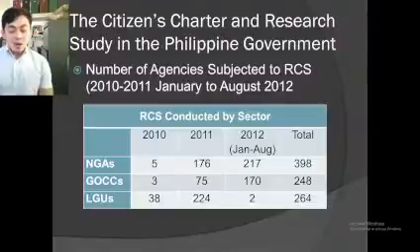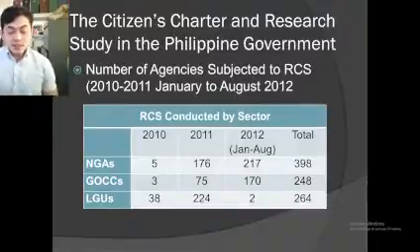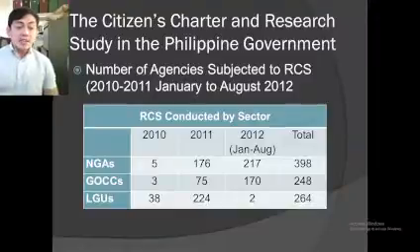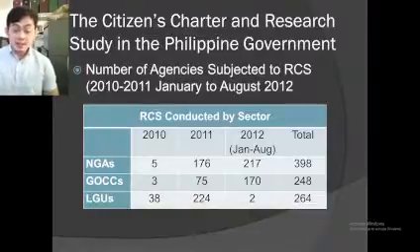Now, based on the study, the Citizens Charter Implementation Research Study in the Philippine government. Last 2015, a research was conducted by Lizen Perante Calina titled Citizens Charter, an Assessment on Contribution to Frontline Service Delivery.